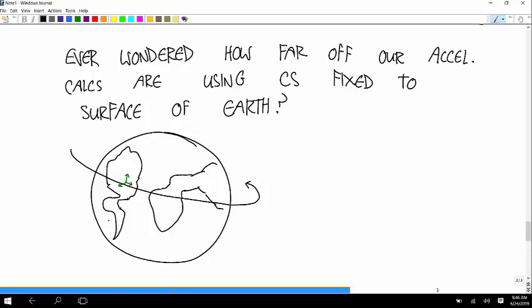Is the origin accelerating? Yeah, because of the radius of the Earth. We're not at the center of the Earth, so the origin is accelerating. And the coordinate system is rotating. So we'd have to deal with both of those two things.